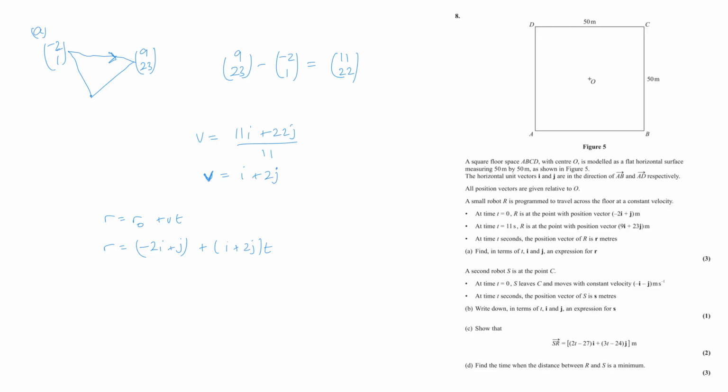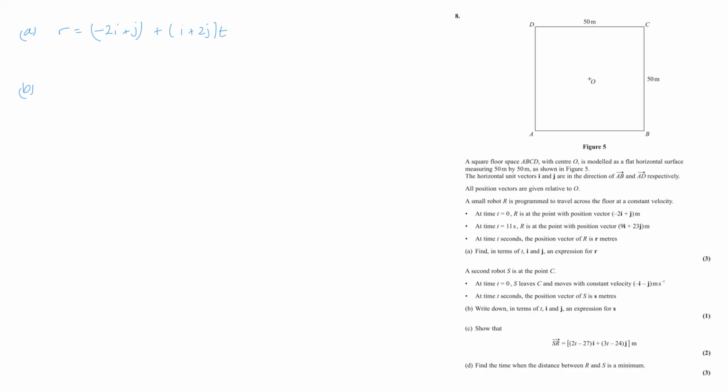Now, second robot is at point C. At time t equals 0, S leaves C, moves at a constant velocity of minus i minus j. At time t seconds, the position vector of S is s meters, right?